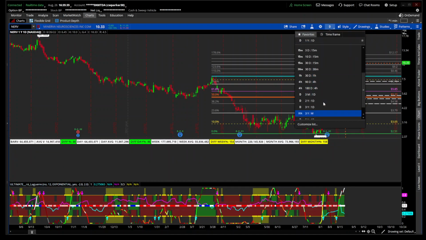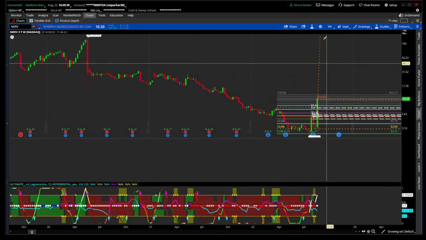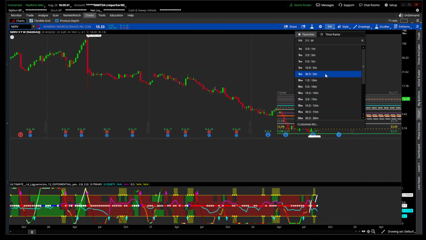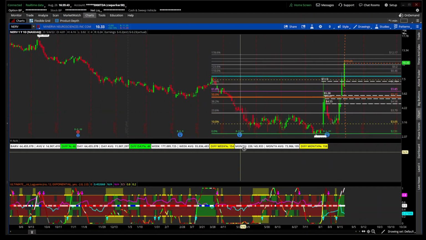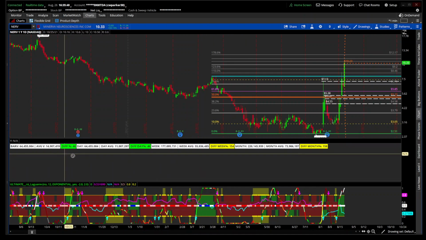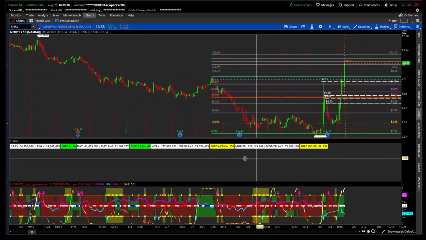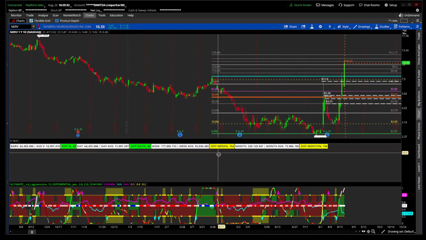And that's, like I said, sadly, just what it is. If we go to a higher time frame, it's not going to work because the other time frames are in there. The daily and the monthly time frame are in there. So those labels won't work.